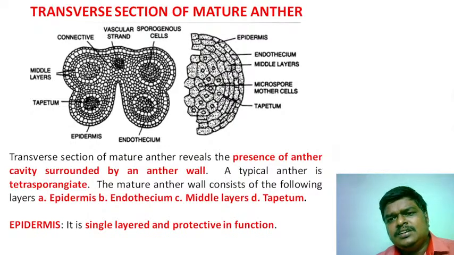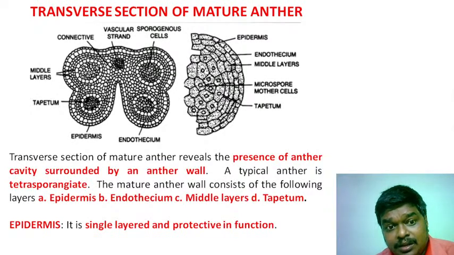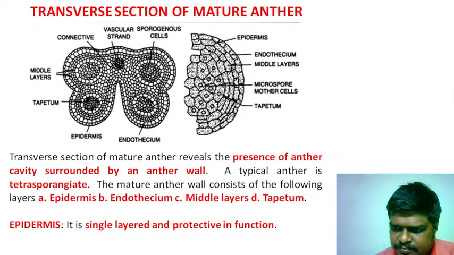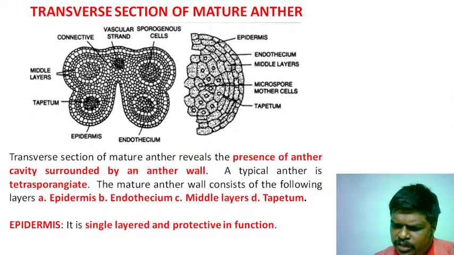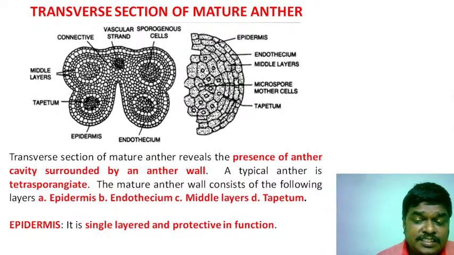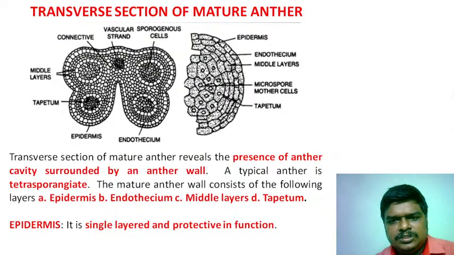Whereas the other cells, the primary cells, are going to form only the outer layers. The outer layers also divide mitotically, but only sporogenous cells undergo mitosis as well as meiosis.